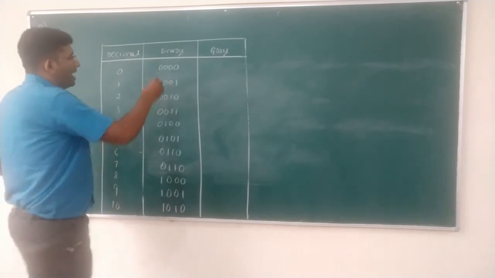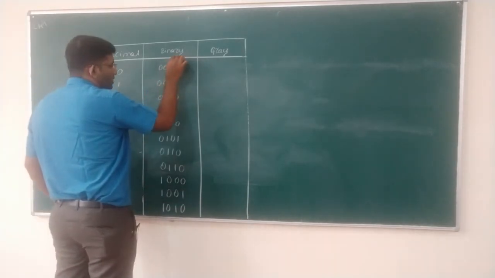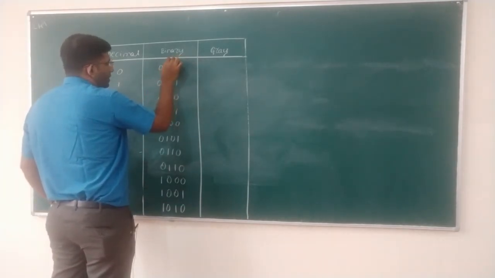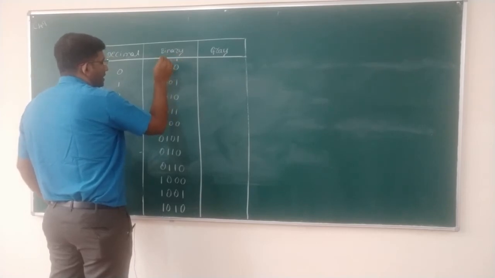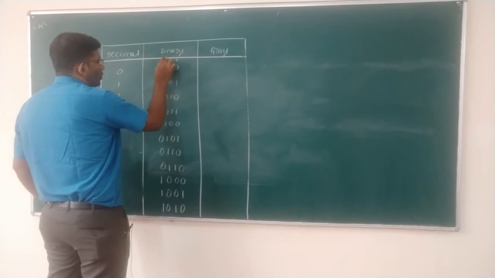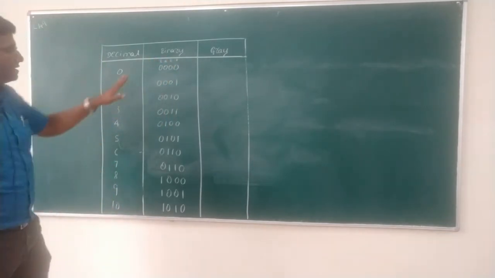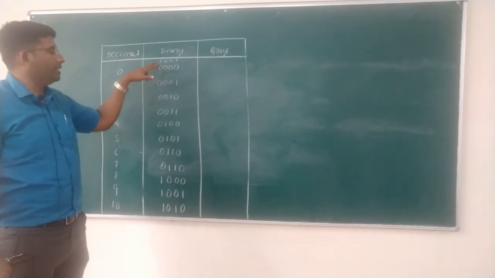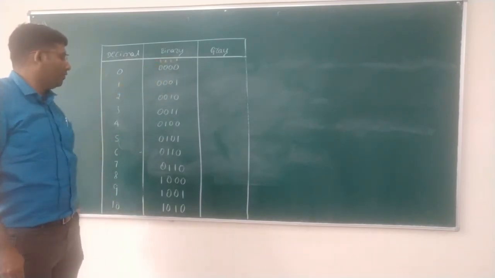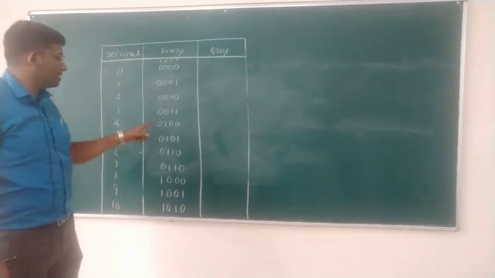If you are having doubt, to simplify that, you can write the positional weights of the digits, 1 starting from the right hand side, 1, 2, 4, 8, continuing as 16. For simplification purpose, I have written the weights of the individual bits.